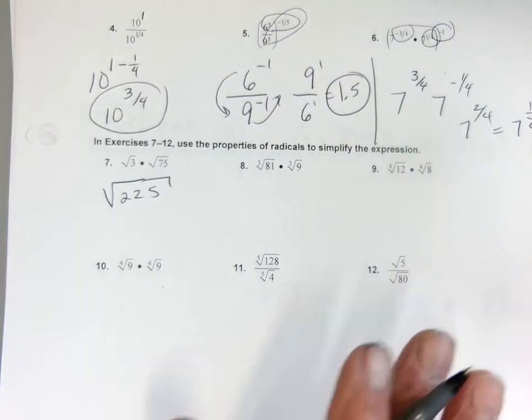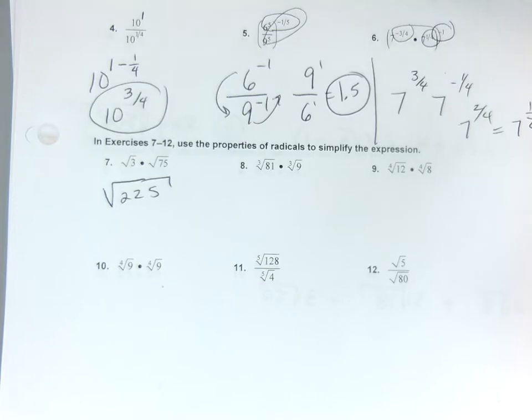Now, is there a square root of 225? What times what makes 225? It might be a perfect square root. I think it is. 15. It's exactly 15. There's no leftovers. Square root of 225 is 15.